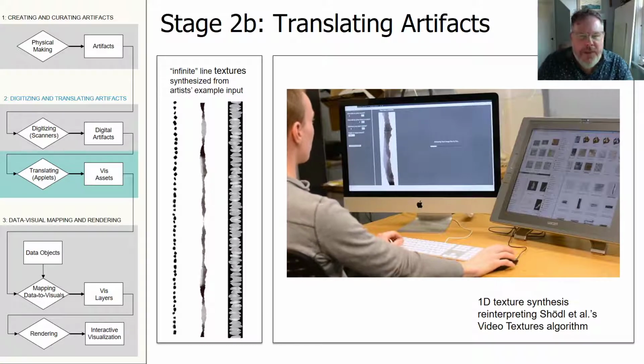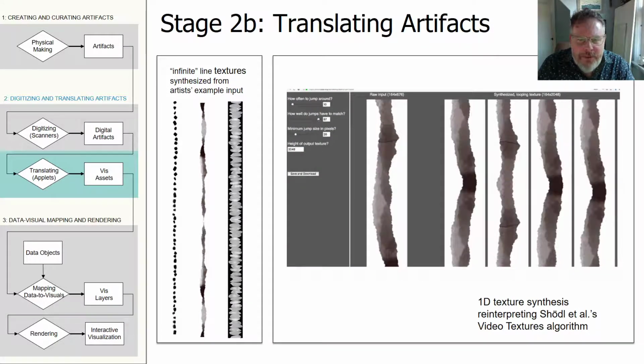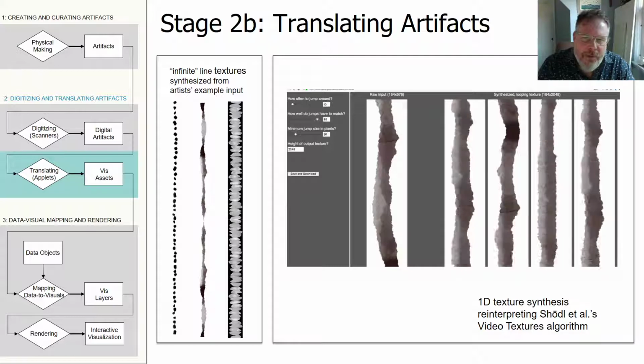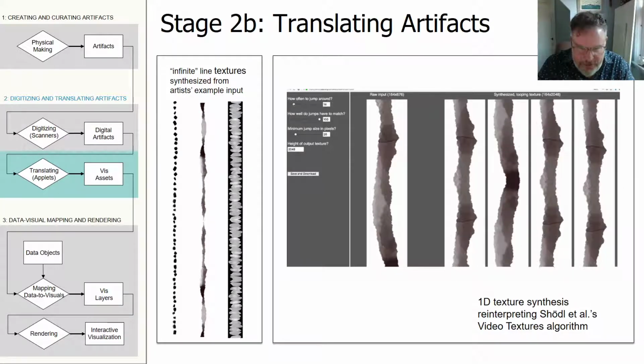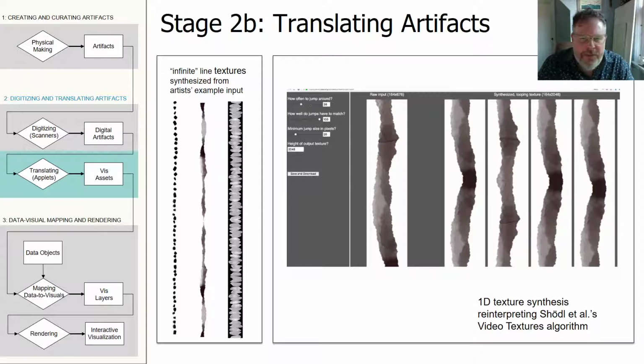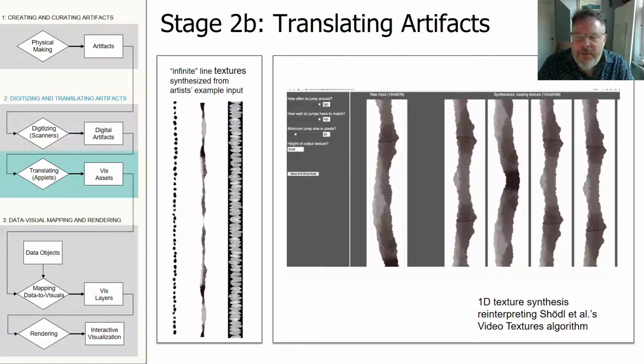And then the next step is to translate those artifacts into a form that can be used directly by the computer graphics rendering engine. This process can take different forms, but in a nutshell, we've created a series of web-based applets that allow you to upload the digitized artifacts and then do any tweaking that is necessary.